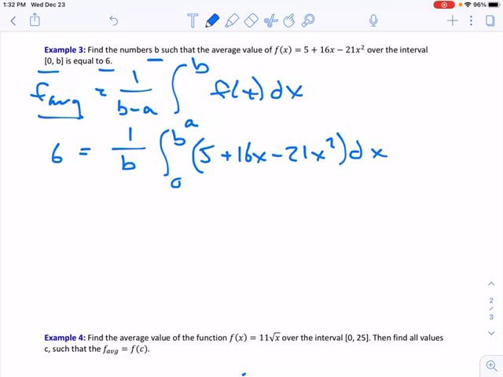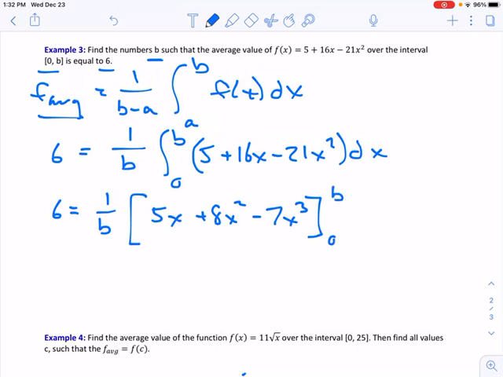Let's just keep going through and do what we can do. Well, we can integrate this with no problem. All right, so we have 6 is equal to 1 over b times 5x plus 16x squared over 2 would be 8x squared, minus 21x cubed over 3 would be minus 7x cubed. And this is being evaluated from 0 to b. All right, so now let's find F of b.